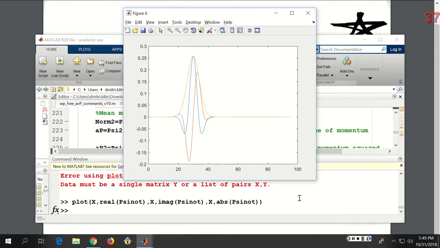Probably, if we did it last time, we also tried to redo this figure with a different value of initial momentum. Did we? Yep.